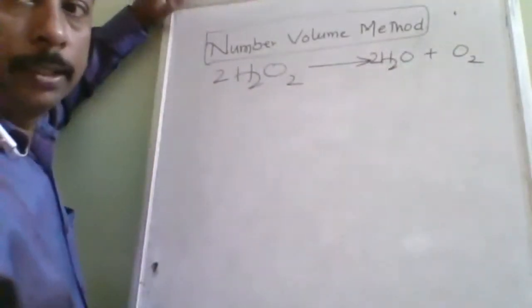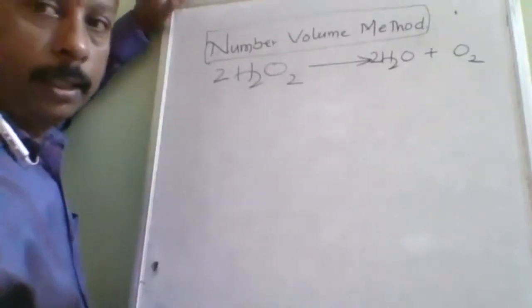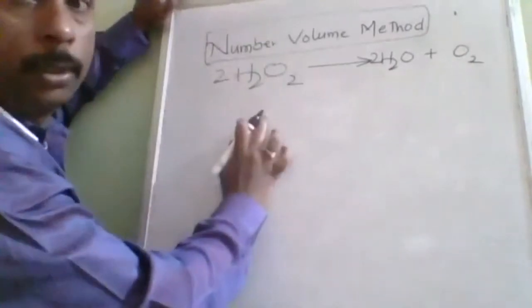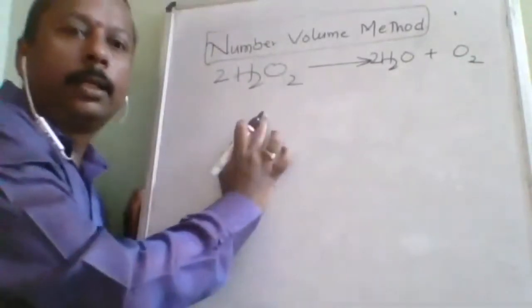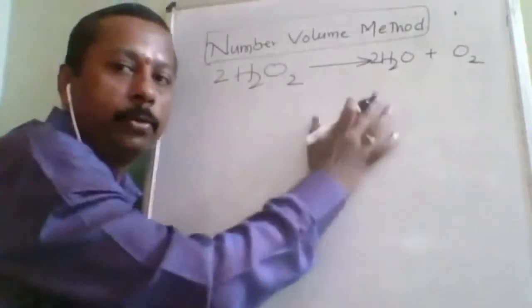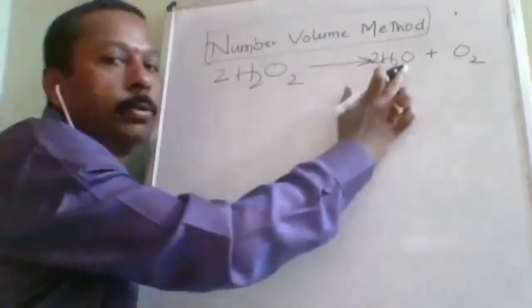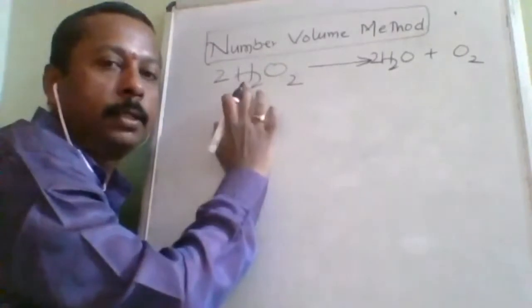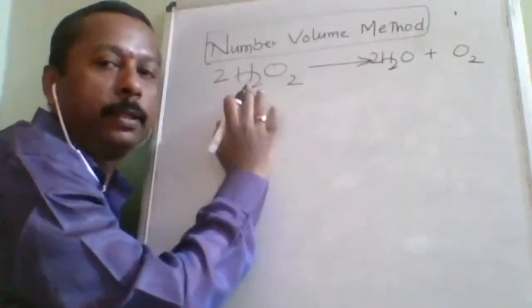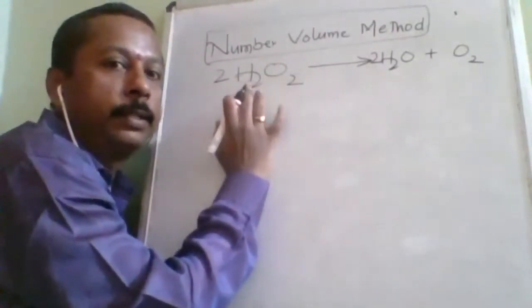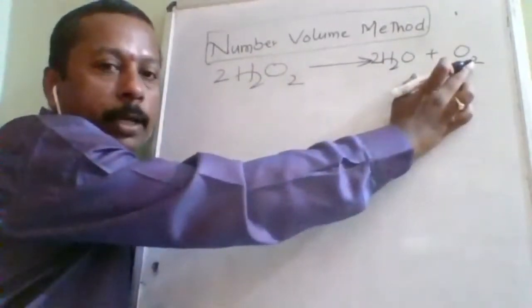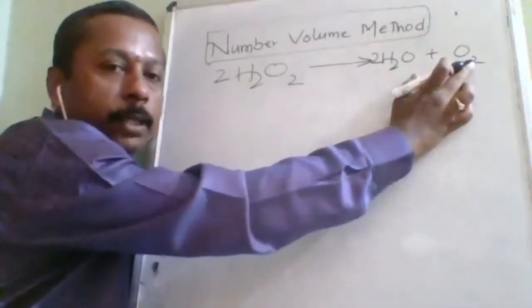Initially, what do we take? We take only H2O2. But after some time, it is going to be converted into a solution. Why? H2O is a solvent, H2O2 is a solute. So how much H2O2 is left over in that solution will be decided by the amount of oxygen it is able to liberate on complete decomposition of that solution.